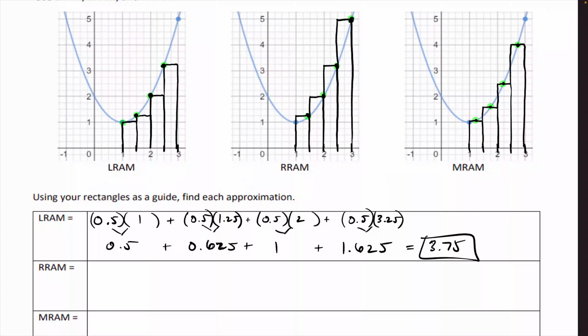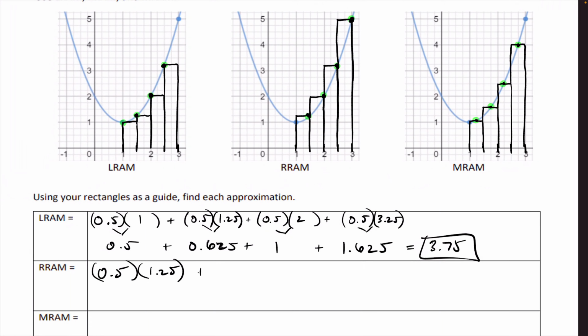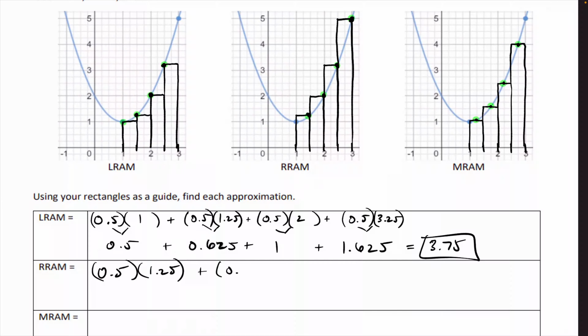Next one, RRAM. Again, they're all 0.5 in width. The first one looks like 1.25 height, plus 0.5 in width. The next one is 2. The next one is 3.25.